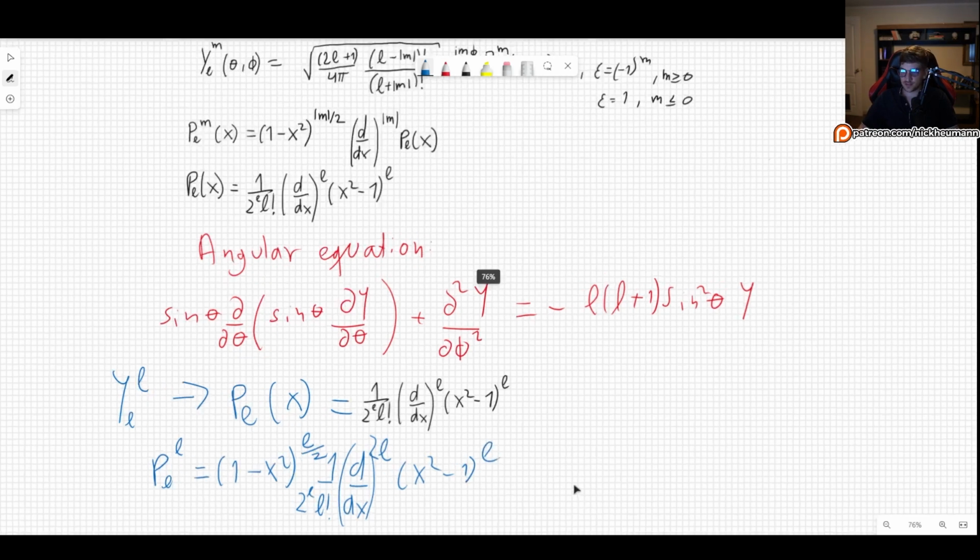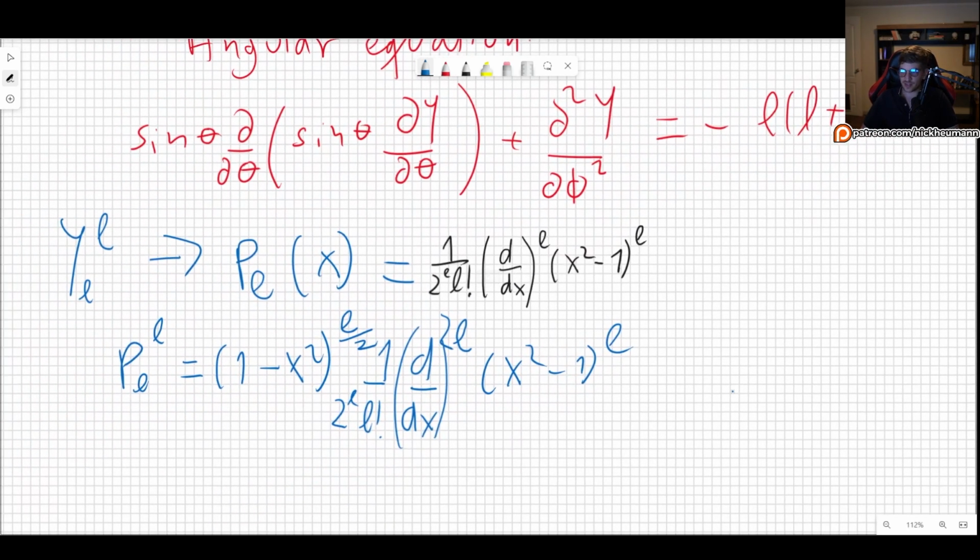Now notice that this is a polynomial. Each time you differentiate a polynomial, the order goes down by 1. If it is x to the 5, it goes down to x to the 4, and if it's x to the 4, it goes down to x to the 3. So after we multiply this through, it's going to be a polynomial of order 2L.